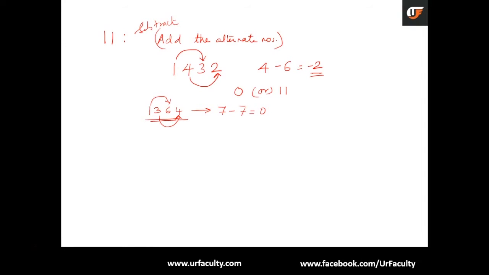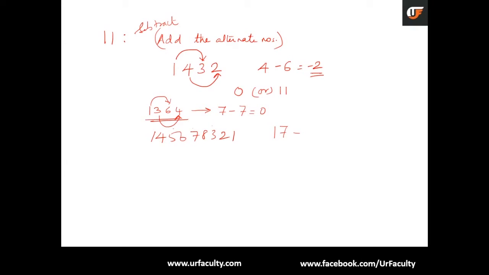We'll take a bigger number, 1, 4, 5, 6, 7, 8, 3, 2, 1. The question is to check if this number is divisible by 11 or not. We have to sum up the numbers. 1 plus 5 is 6, 6 plus 7 is 13, 13 plus 3 is 16, 16 plus 1 is 17.